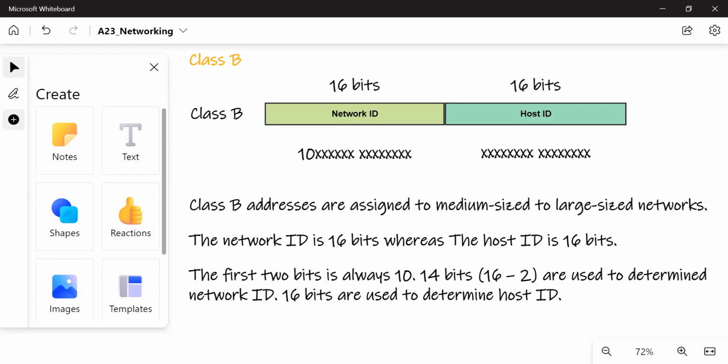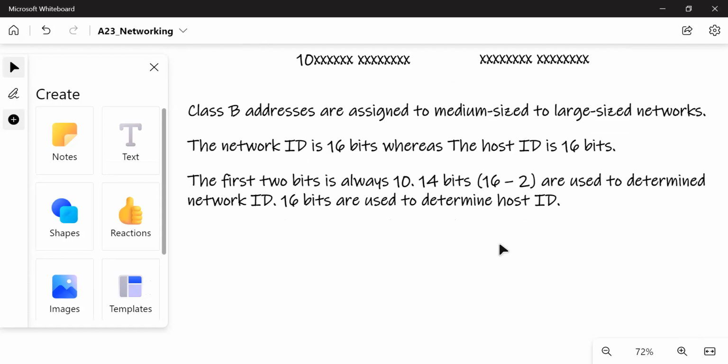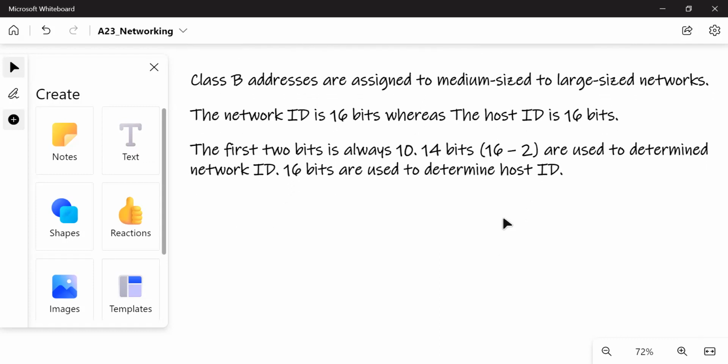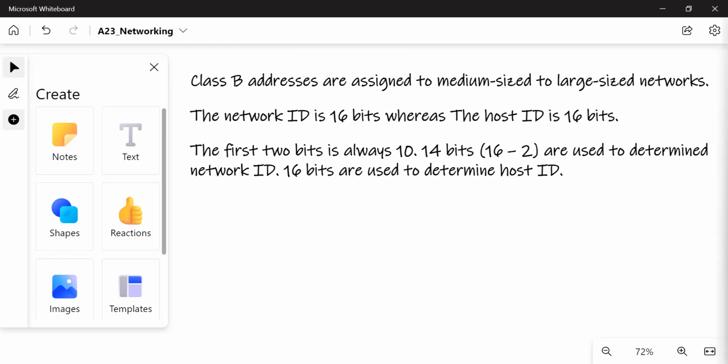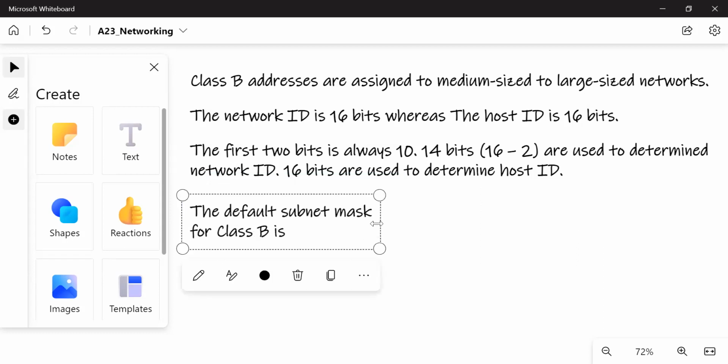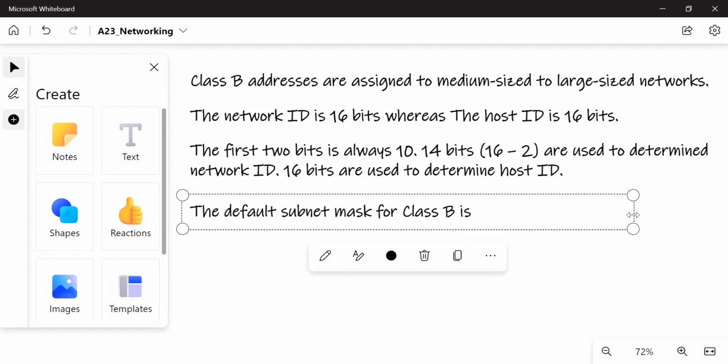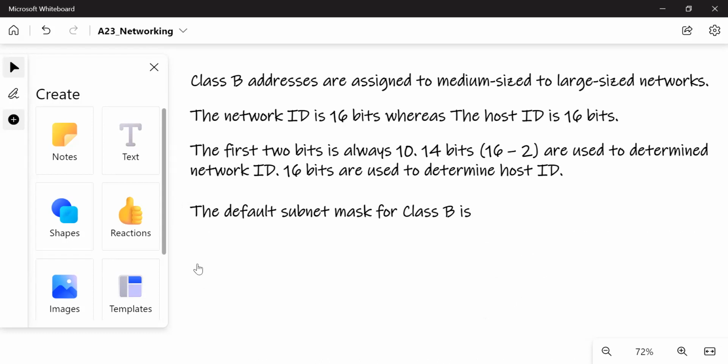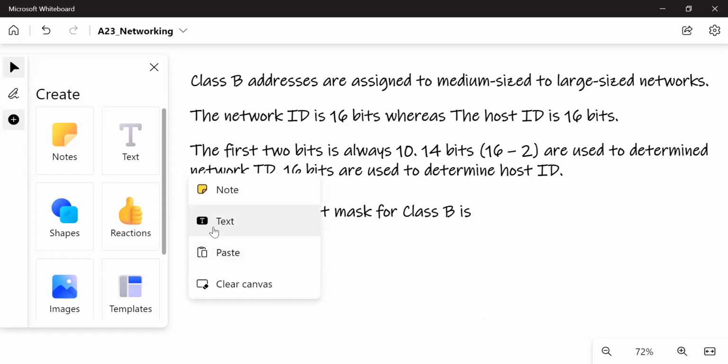Right. Now let's look at the subnet mask. I told you the subnet mask is to identify the number of bits allocated for the network and host IDs. So when you talk about the number of bits, the network IDs we represent using 1, and the remaining, the host IDs, with 0.